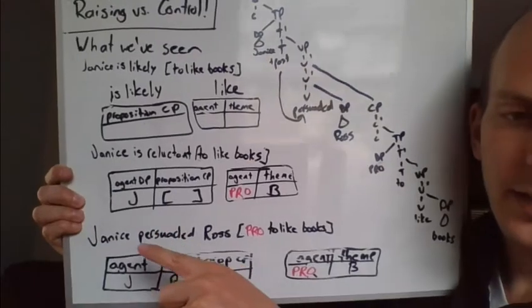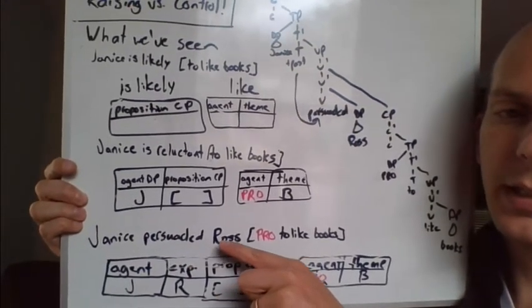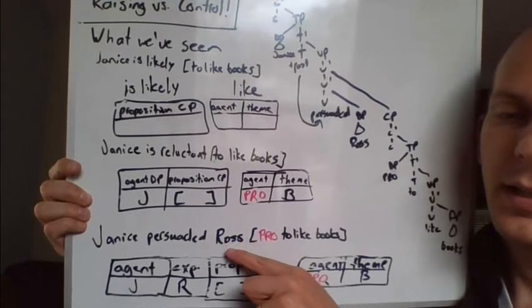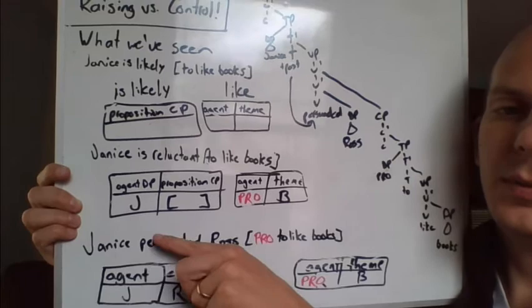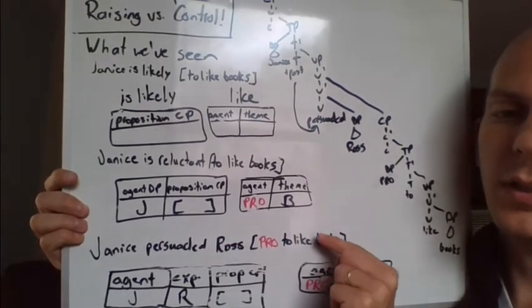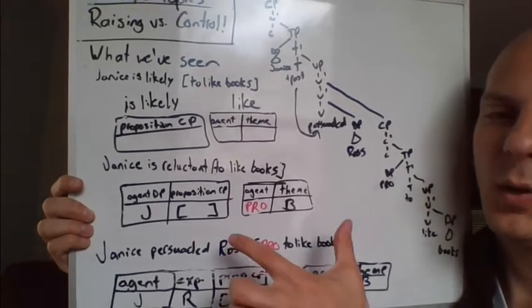This sentence actually, from this standpoint, looks like this. Janice persuaded Ross, where we see Ross appearing now instead in a case receiving position as the complement of this transitive verb, or ditransitive verb. Janice persuaded Ross, pro to like books, where this is just that CP proposition. So this hopefully clarifies that.